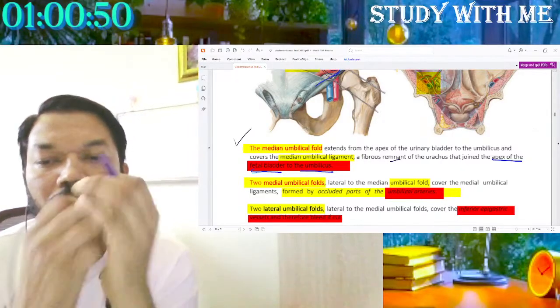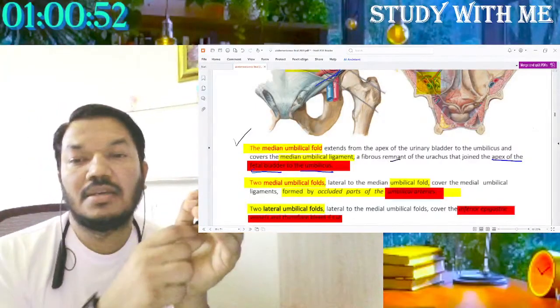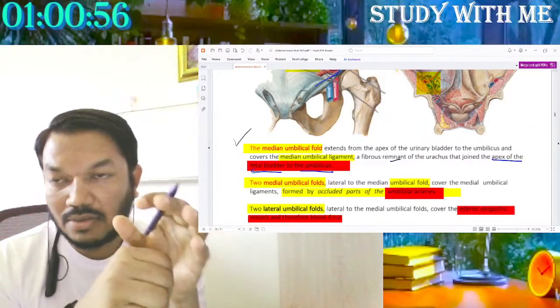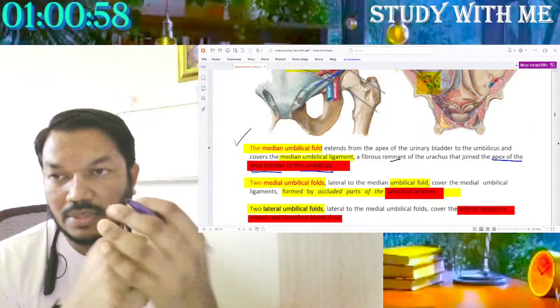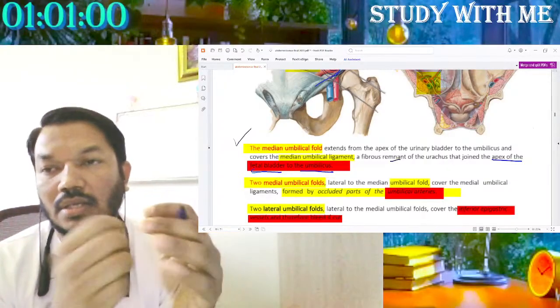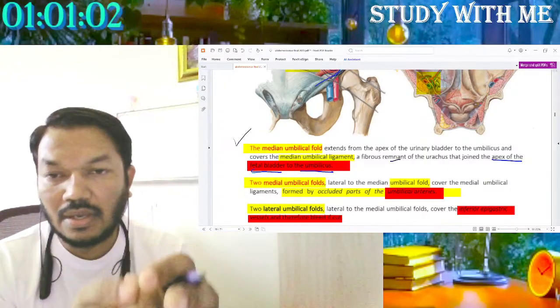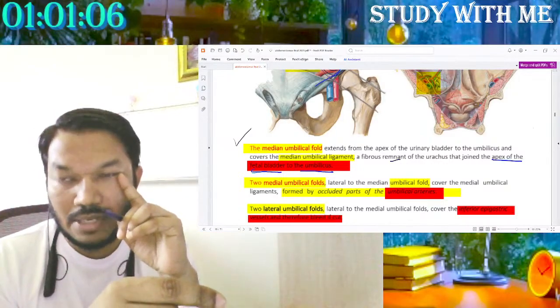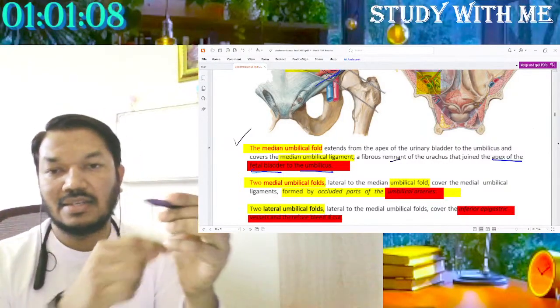Remember, in fetal life, the urinary bladder apex of a child is connected with the umbilicus.